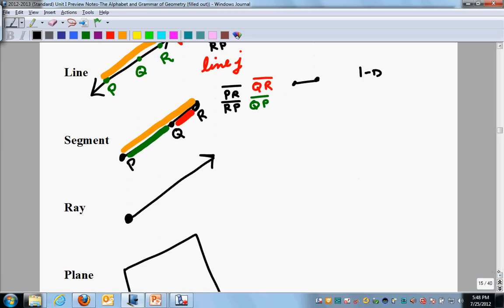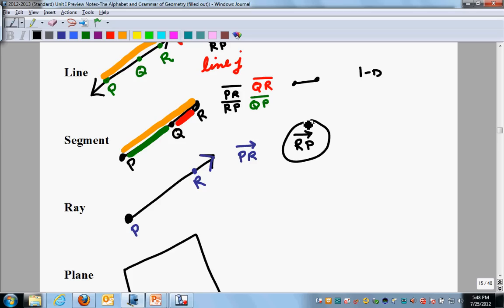Now, a ray is also a piece of a line, but it just goes on forever in one direction. That's why there's one arrow. For this, we would say it's PR, P on the left, R on the right, with an arrow to the right. P is the endpoint here. We cannot call this RP.